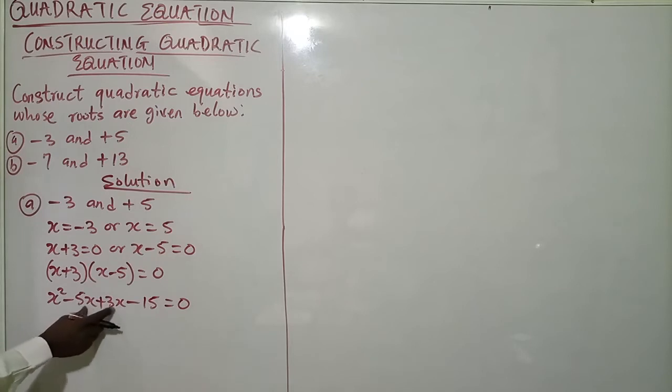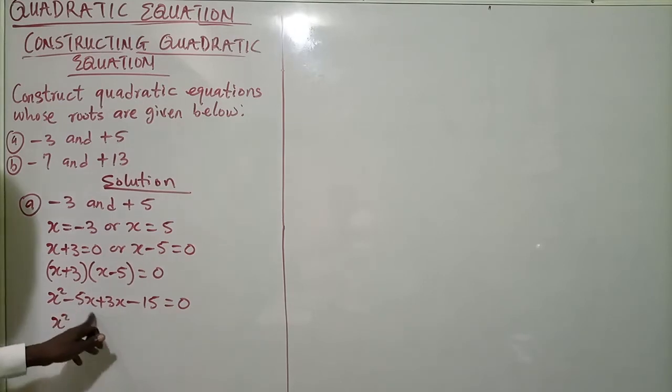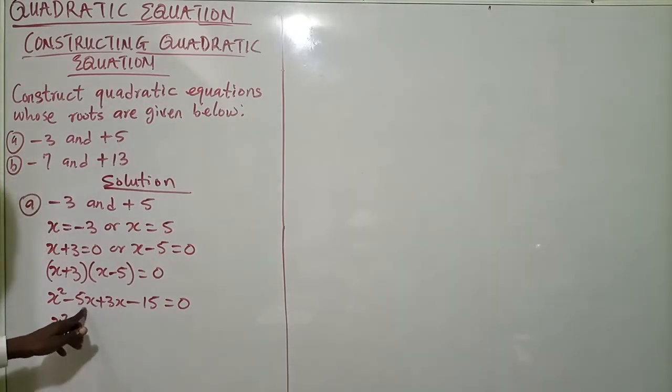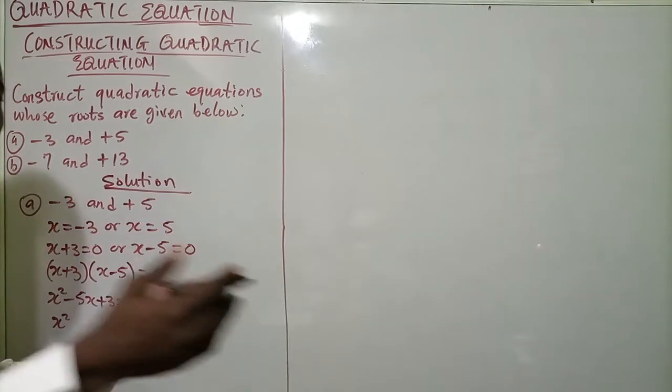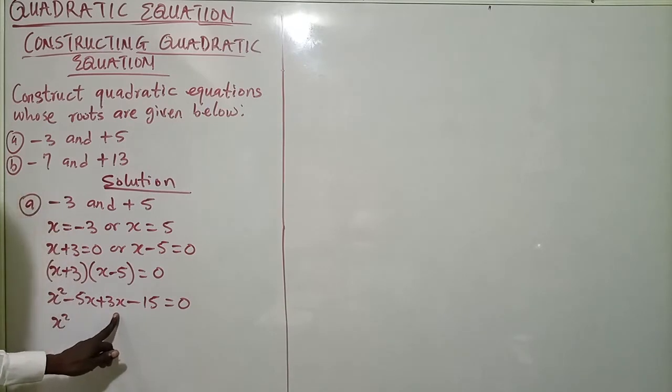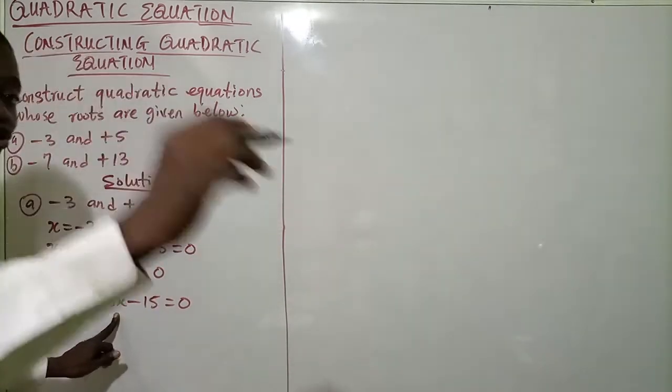Now if you look, these are like terms, so I can add them together. So this is x squared. Remember, this is minus 5x plus 3x. Minus 5x means you are owing someone 5x and you have only 3x. If you pay 3x out of the 5x you are owing, you will still be owing that person 2x.